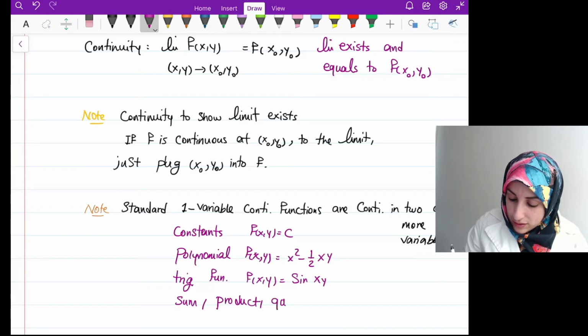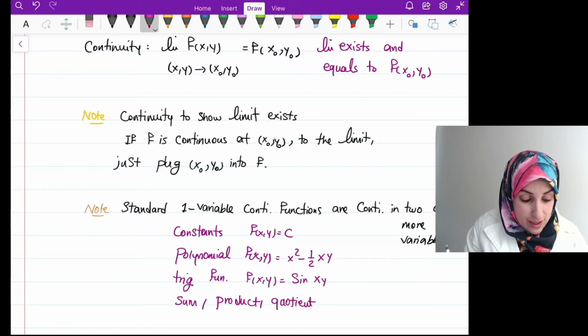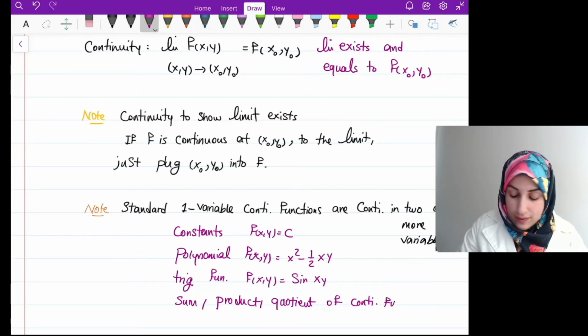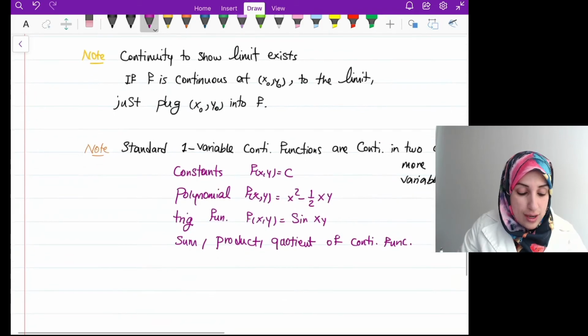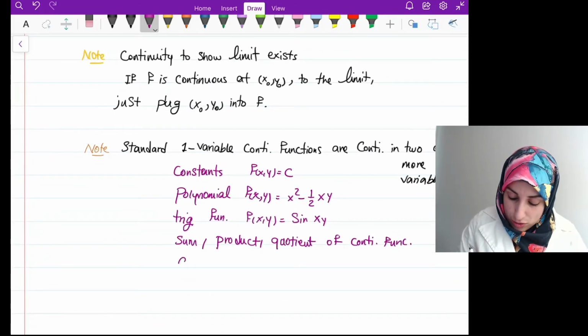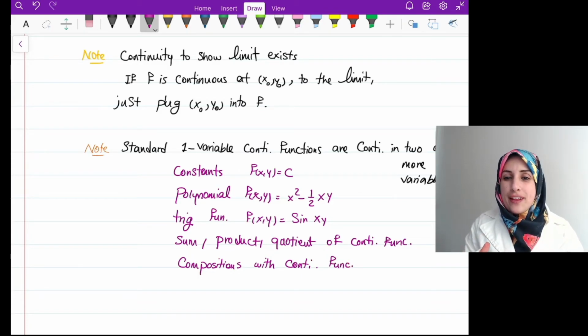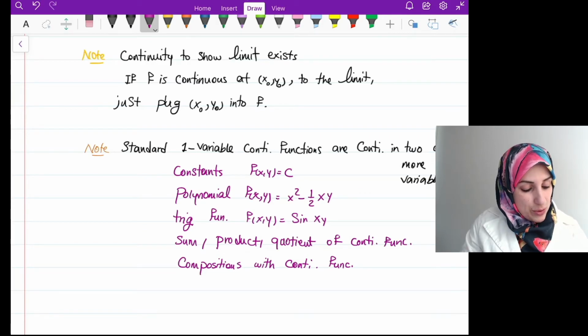Then we have the sum, product, and quotient of continuous functions, and also compositions of continuous functions. So as you see, basically everything that was continuous in one variable calculus, we can generalize for two variable calculus as well.